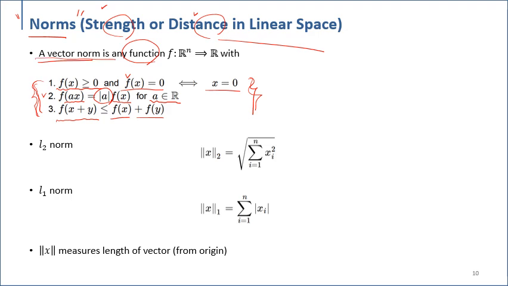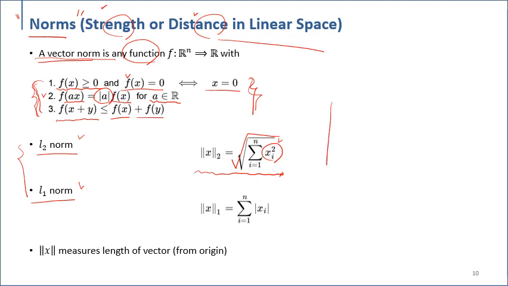And actually, there are two very important types of norm, the first one is the L2 norm and the second is the L1 norm. And I guess you guys are already familiar with the L2 norm, which can be represented mathematically like this. The L2 norm is simply calculated by squaring each element and then taking the square root.